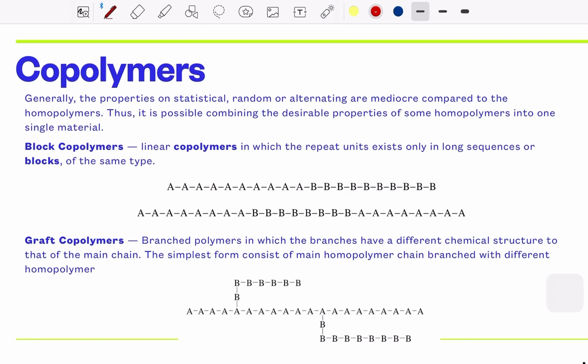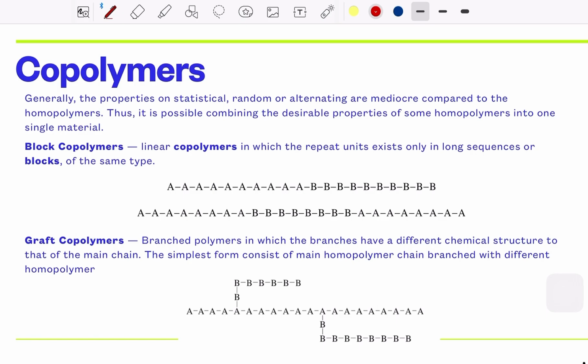If we look back, the random copolymers, naturally they are not really in a good property, for average, in comparison with the homopolymers. Well, you can imagine, if the homopolymers contribute with single property.